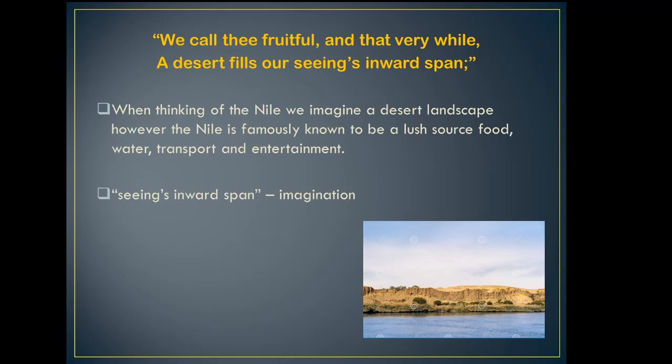However, when we just think about the Nile, what we imagine is a vast, barren desert landscape. This is what the poet shows in these 2 lines. The poet has shown imagination in the phrase seeing's inward span.